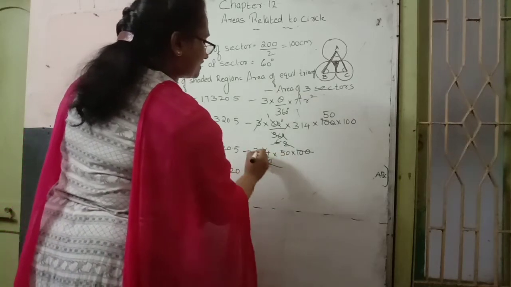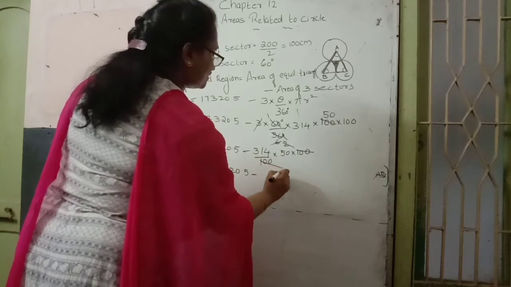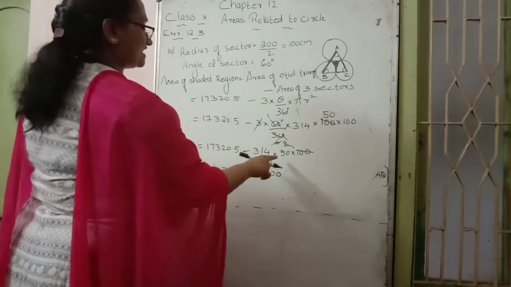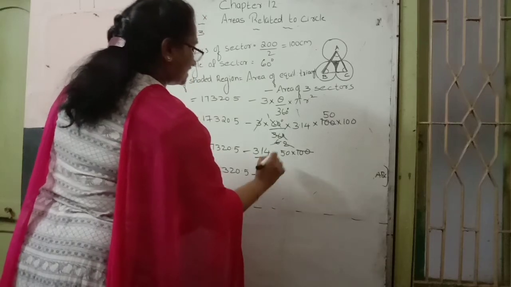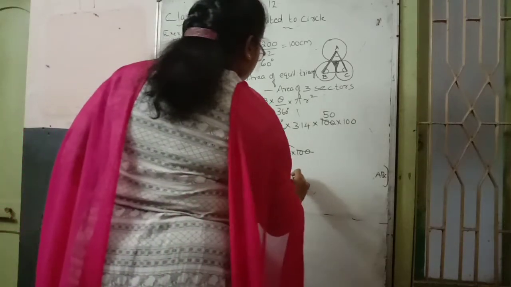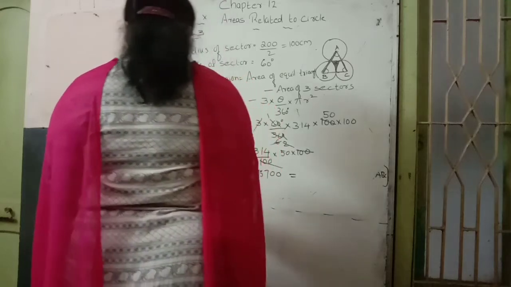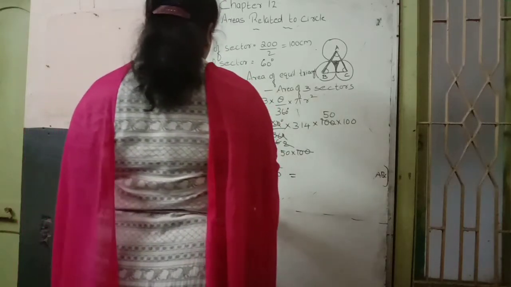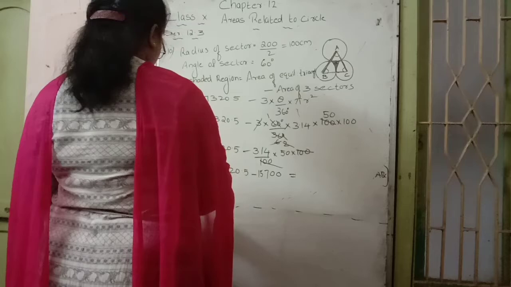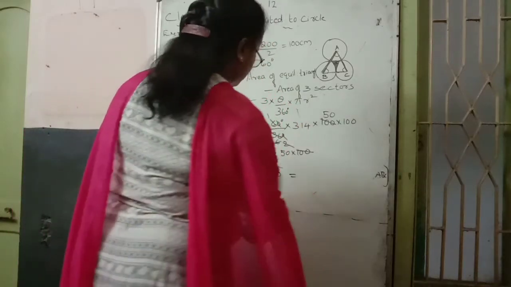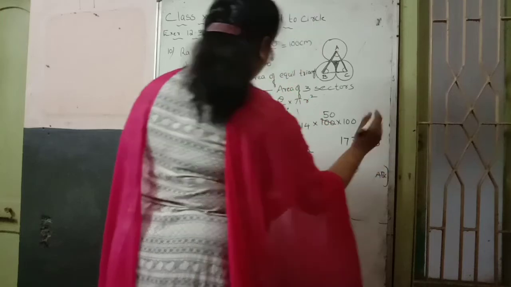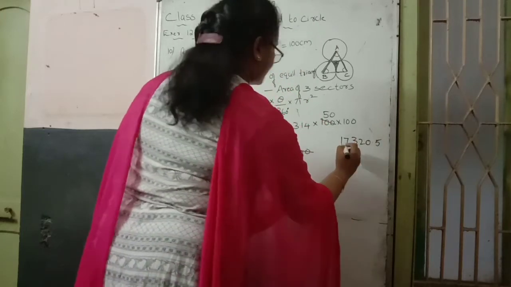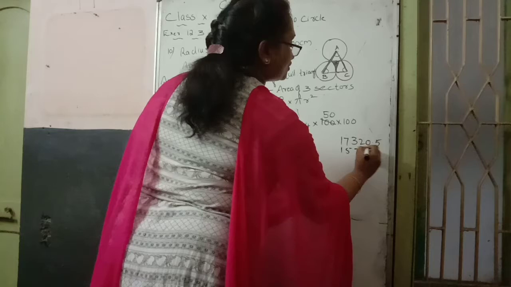17320.5 subtracted with 314 into 50, that is 15700. 5 fours are 20, here 1, 0 is the 0, right. 2, 5, 6, 7, 1000, this answer will be coming there. So doing the subtraction, the final answer, how much will be coming there? 17320.5 is subtracted with 15700.